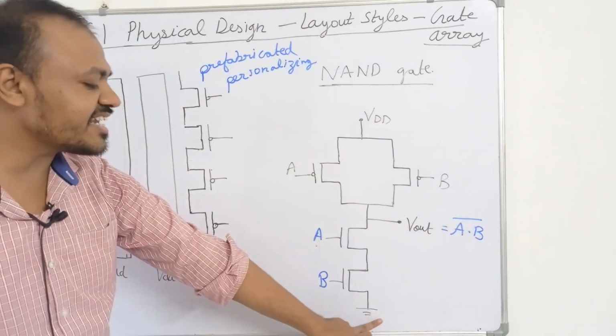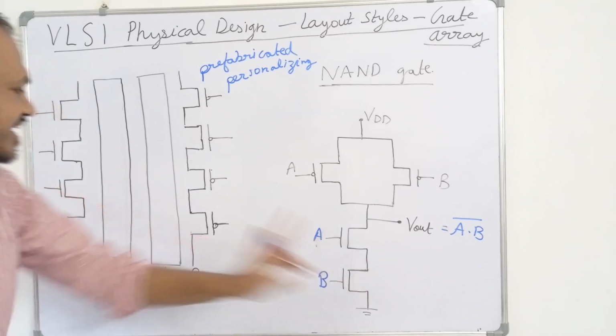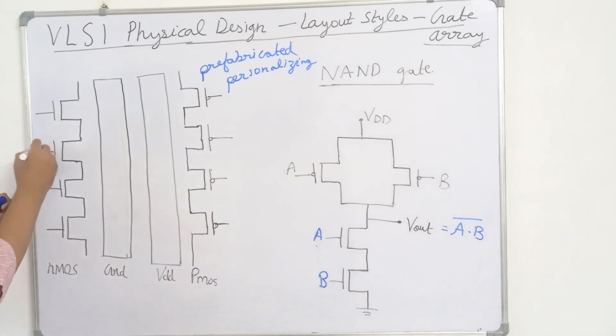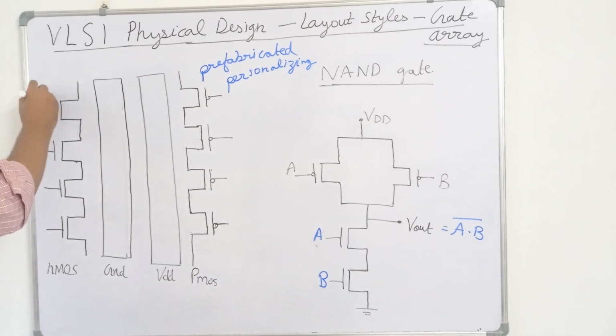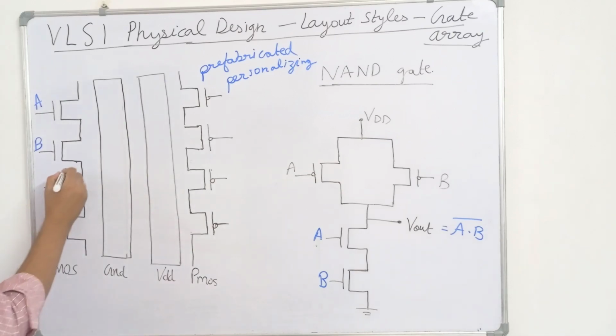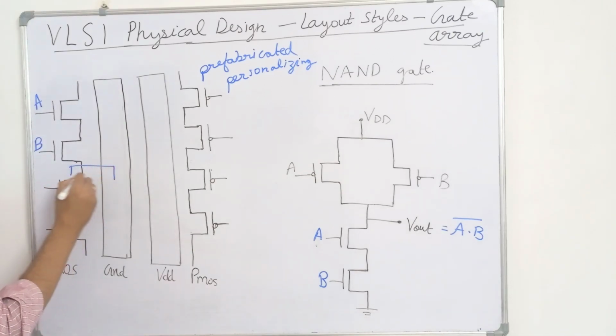So this B is connected to ground. Let this be B, let this be A. We have to connect this transistor B to ground, so we will make the connection.